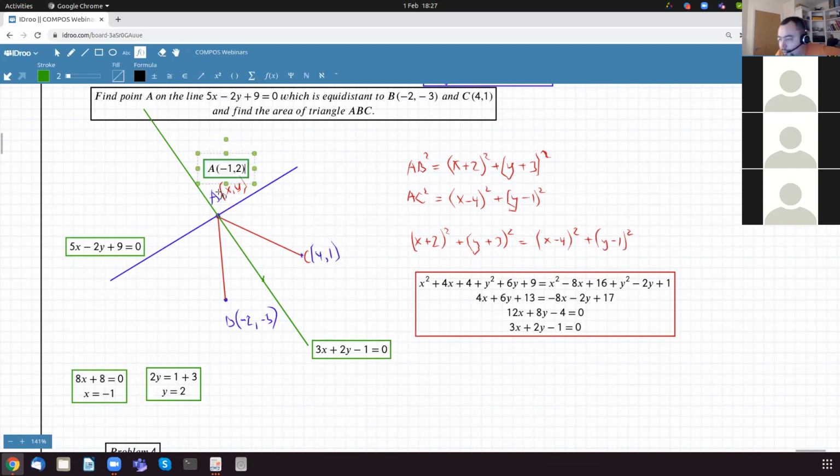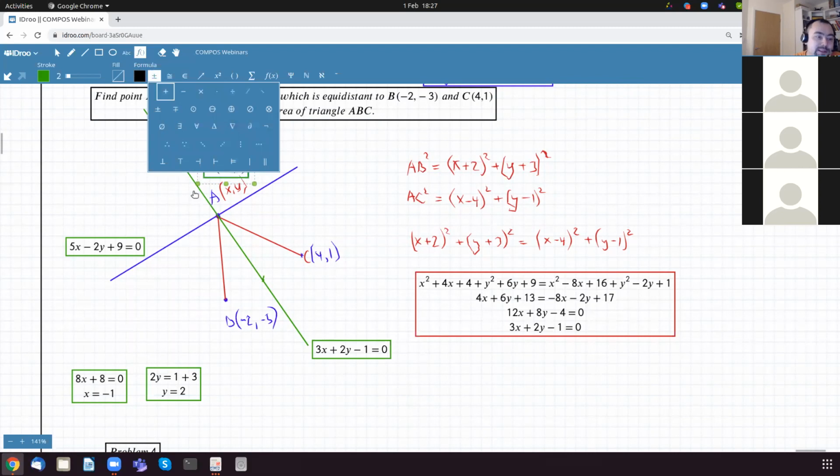Any questions here? Okay, and find the area of the triangle ABC.